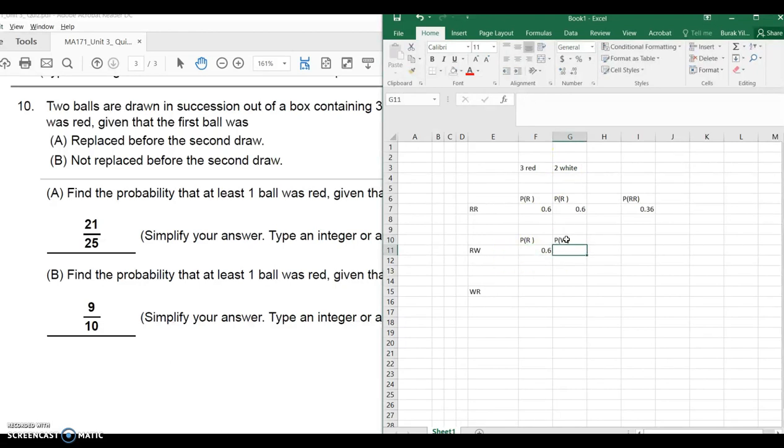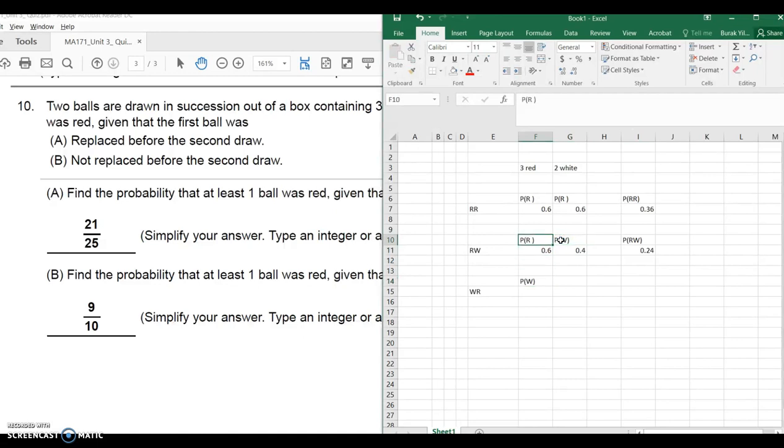And now the second ball, I replace it, I want it to be white, so it's going to be 2 out of 5, which is 0.4. So probability red, white would be, just multiply these, and it's 0.24.